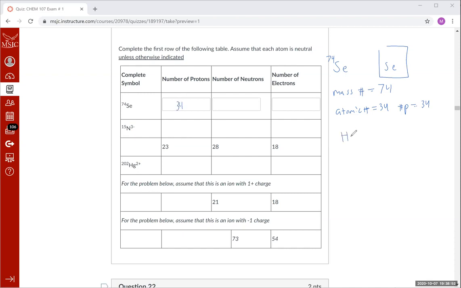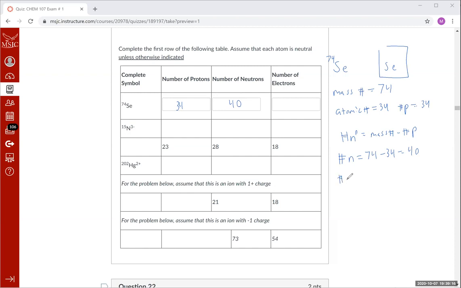For our number of neutrons, all we have to do is take the mass number minus the number of protons, and that gives us 74 minus 34, which gives us a number of neutrons of 40.